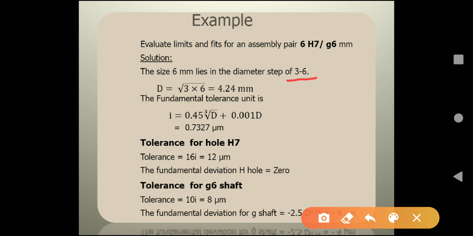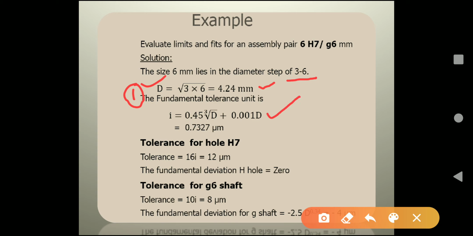So as per the formulae, you can see here D is equal to the square root of 3 into 6, that is 4.24 mm. This value of D, or the formula of D, is as per the empirical relations. So here you will get the exact value of fundamental tolerance by this equation.